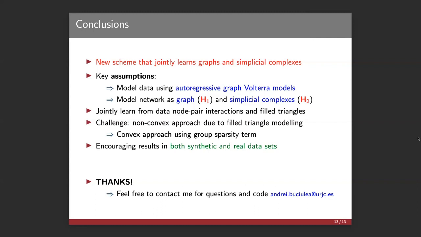Our challenge was to formulate the presence of triangles with this trilinear constraint, and we solve it by using a group sparsity term instead of that constraint. We show some results on synthetic and real datasets.